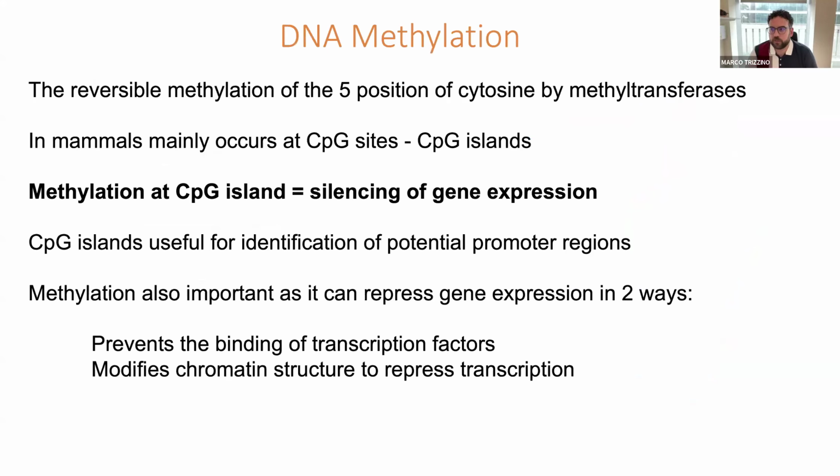And so to summarize what we said so far, we've discussed chromatin. We've explained that chromatin is really a tool that the genome uses to keep the DNA really condensed and to be able to fit the nucleus of a cell.